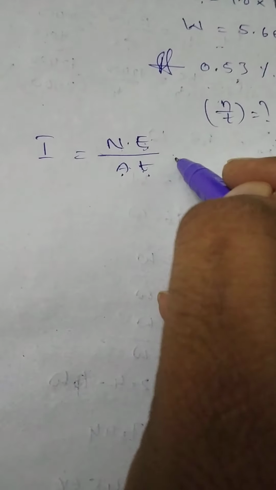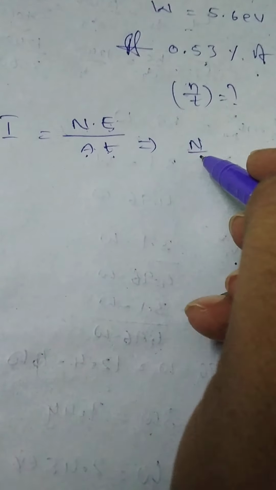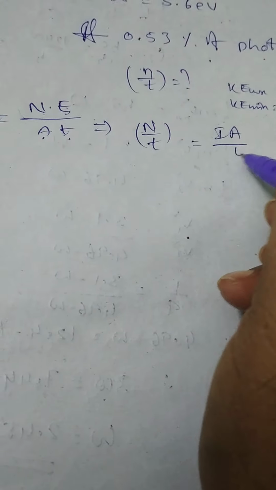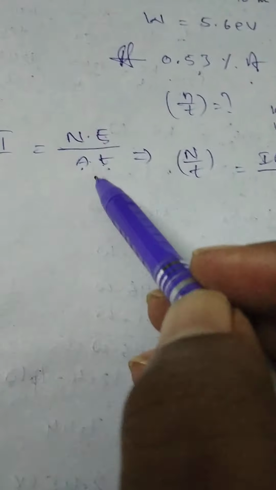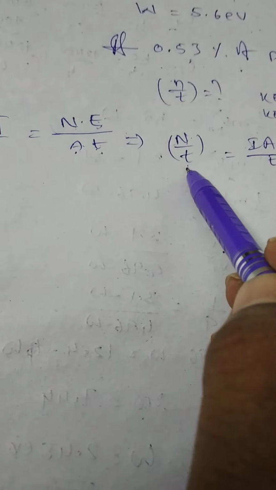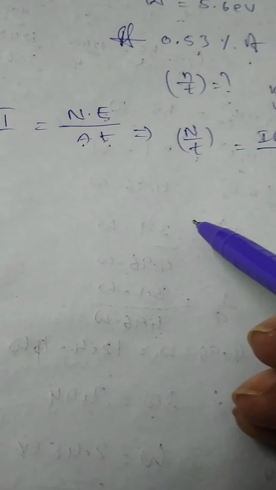Now from this equation, the number of photons incident per second, N by t, is equal to I into A by E. Capital N by t is the number of photons incident per second.